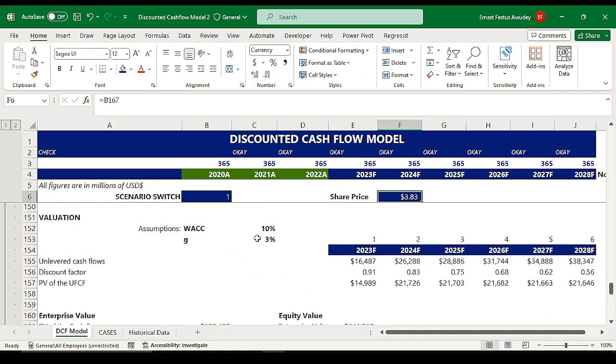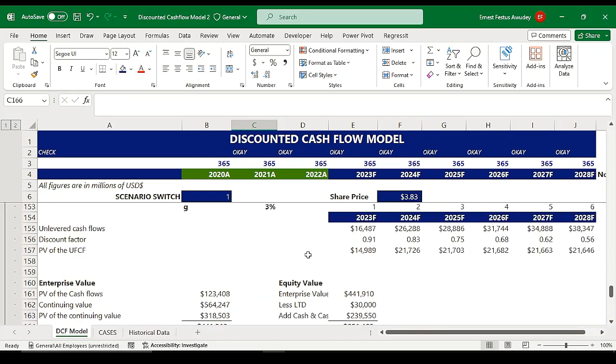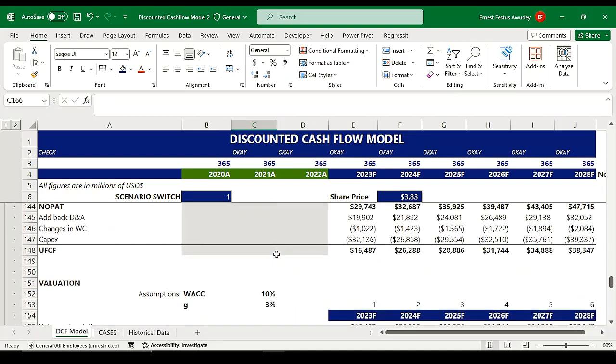It is the most common valuation model. We have other valuation models such as comparative company analysis and precedent transaction analysis, but the most common one is the DCF model. And the DCF model is very important because it takes into account the time value of money.